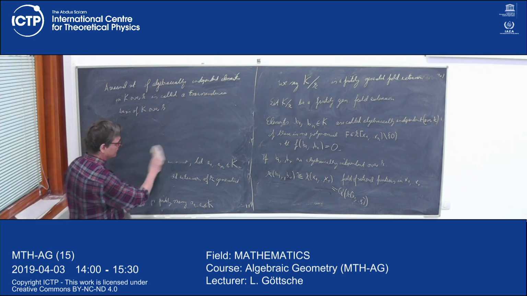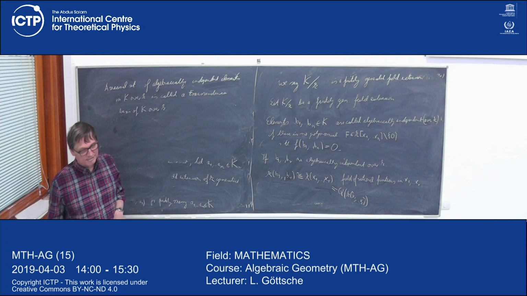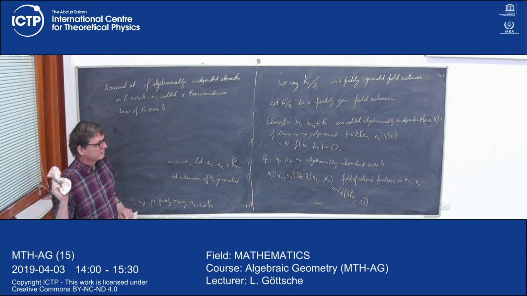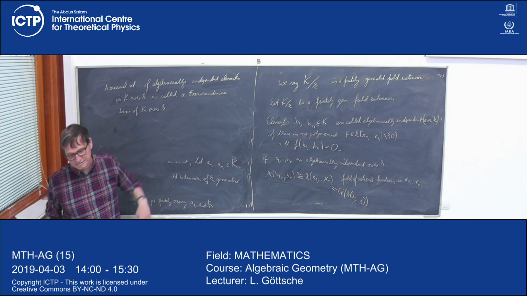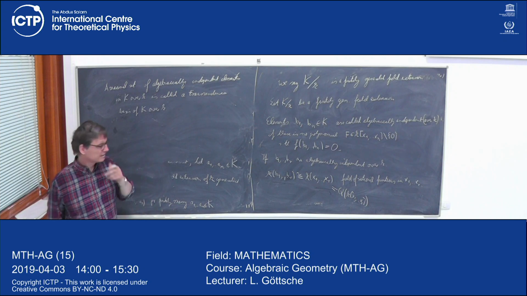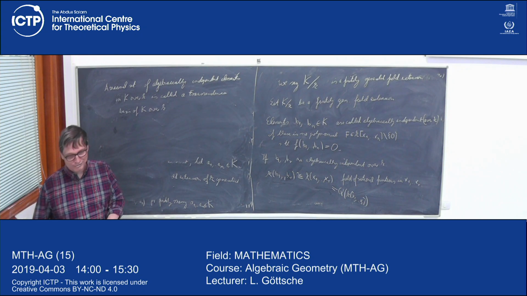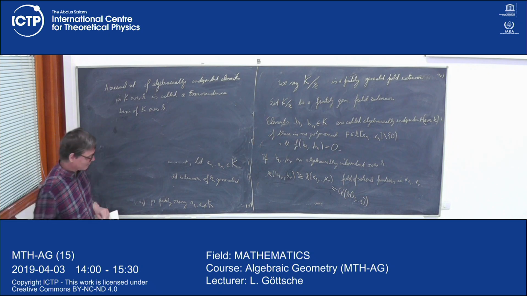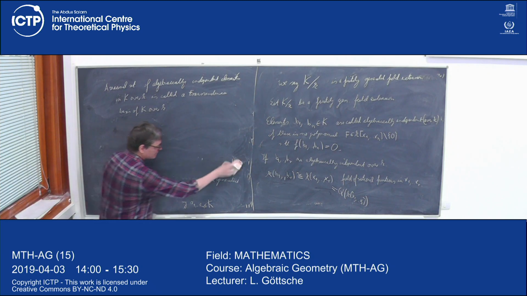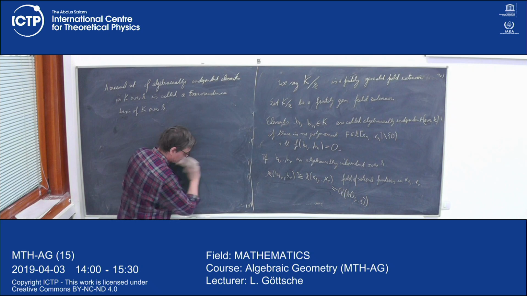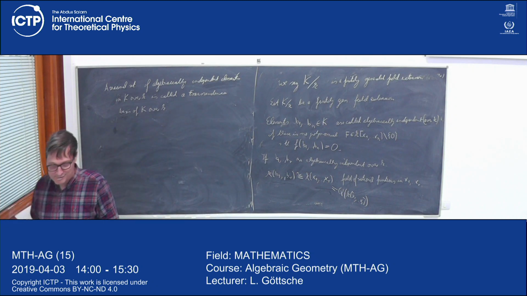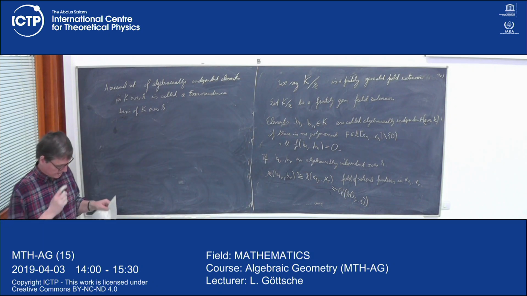You know that every field extension, here I only take finitely generated, but every field extension has a transcendence basis, and any two bases have the same number of elements. The proof is, with a suitable translation, the same as for vector spaces and bases of those. But you can do this as an exercise.